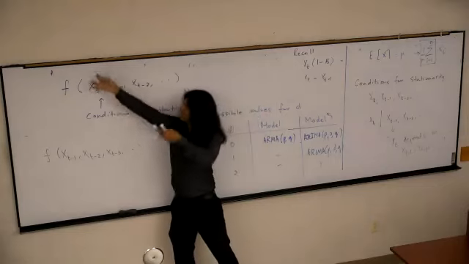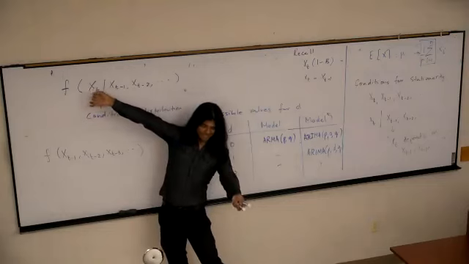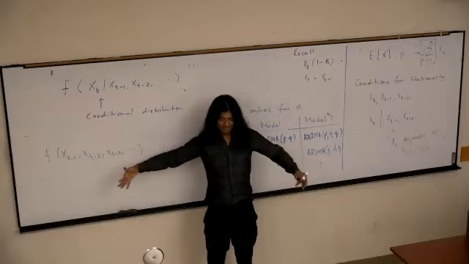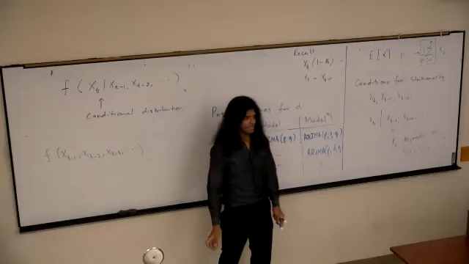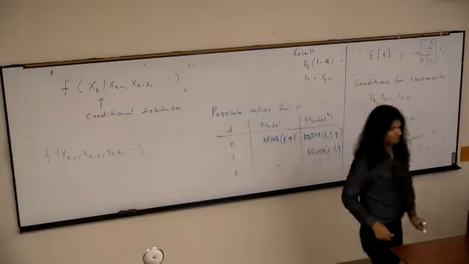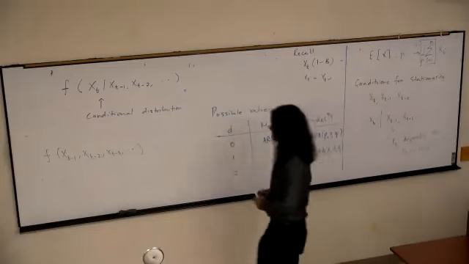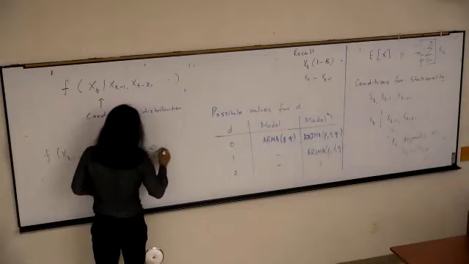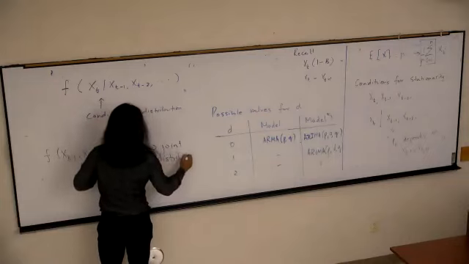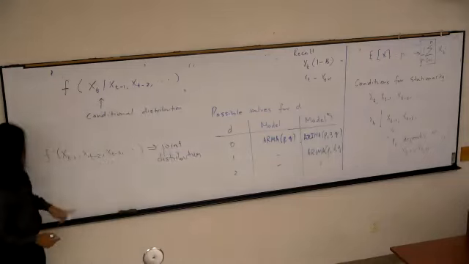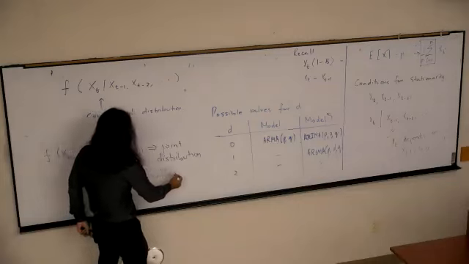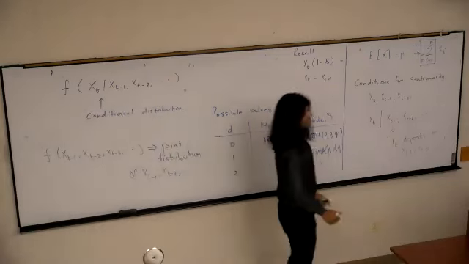Here we are saying the distribution of Xt depends on all the previous values. Here, it is just a distribution of all of them put together. What's the name? Very good, joint distribution. They are not the same. So it is a joint distribution of Xt-1, Xt-2, and it keeps on going.